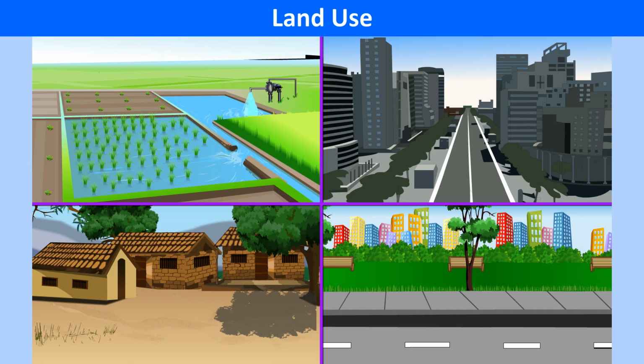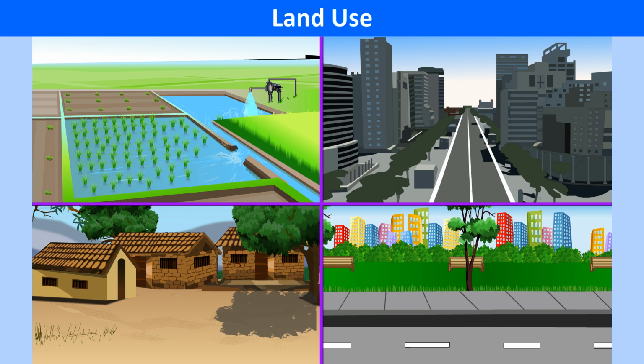Land use. Patterns of land use tell us how land is being utilized by humans. Generally, land is used for the purpose of agriculture, settlements, and other urban developments such as road and industry by humans. Land use refers to the economic use of land.